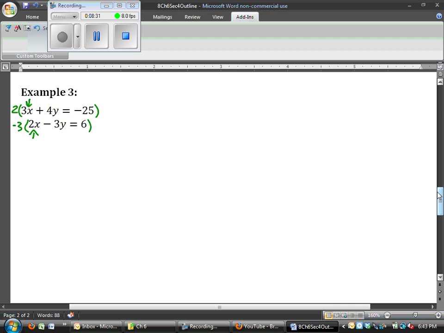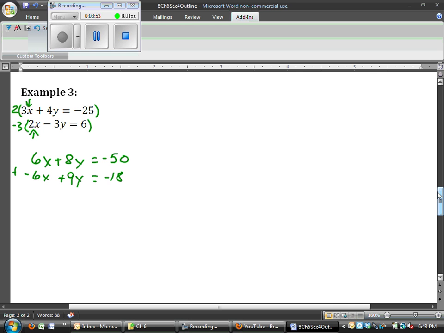Okay? So I'm going to go through and multiply now to get 6x plus 8y equals negative 50. The bottom equation, I'll get negative 6x. Negative 3 times negative 3, don't miss that, is a plus 9y. And then negative 18. Okay?